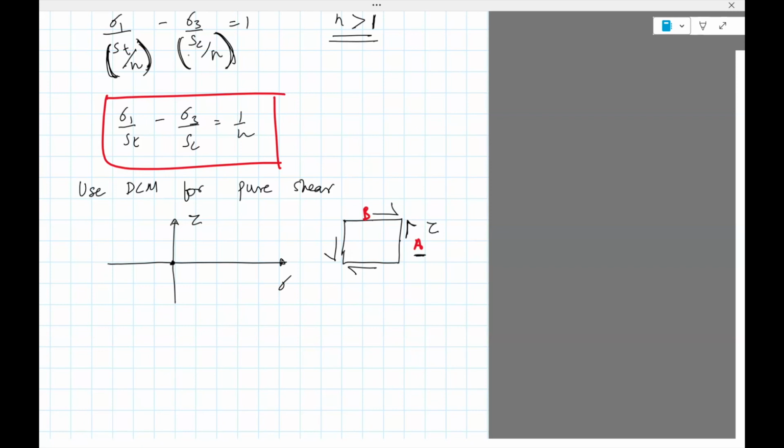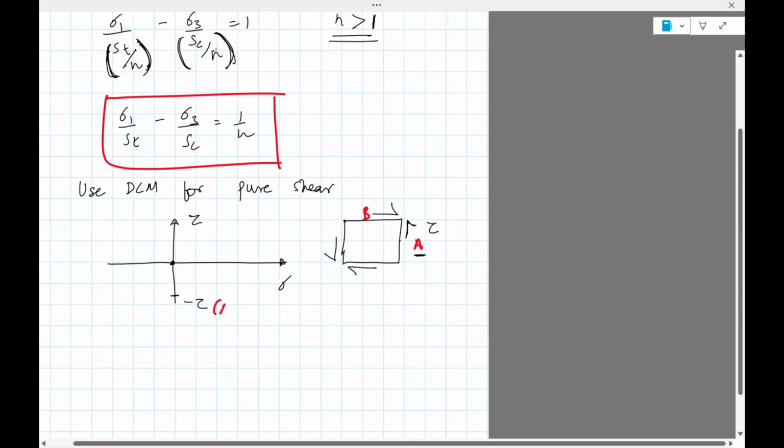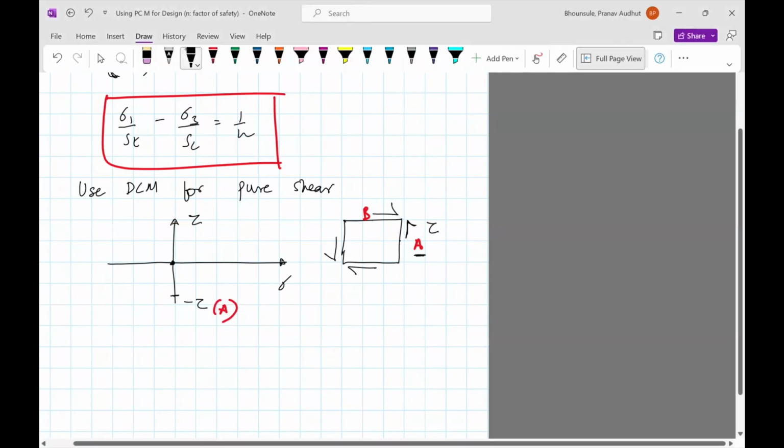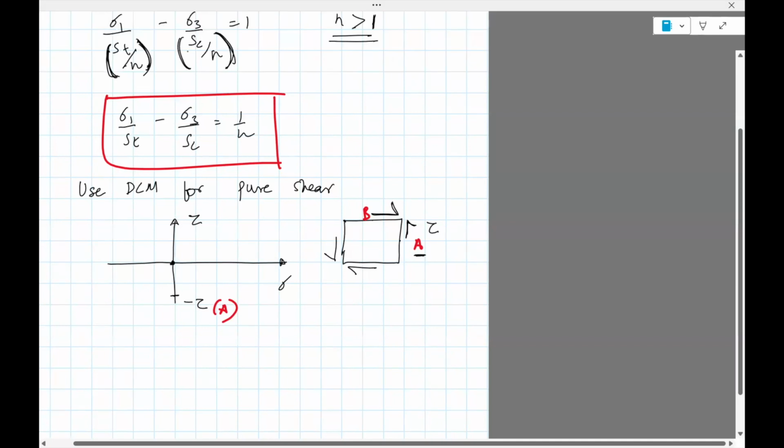A counterclockwise direction for the 2D stress element means that the shear stress on the Mohr circle is negative. So I would draw it, say here, minus tau. This is for face A. And then for face B, we know that a clockwise shear will be a positive shear.